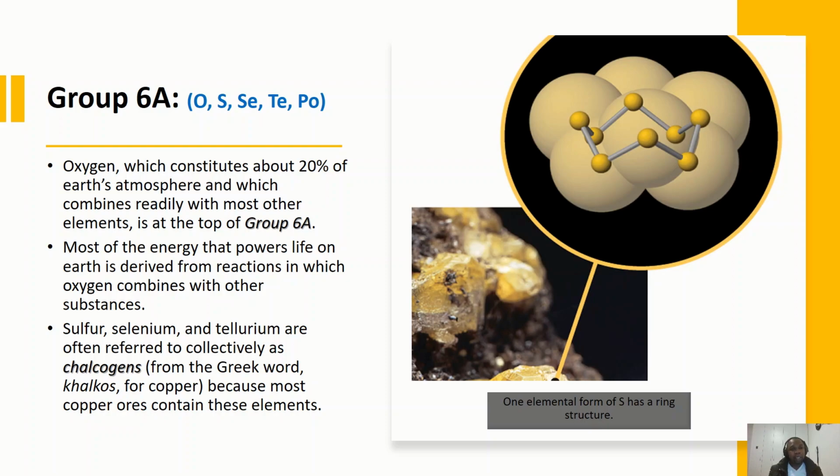For group 6A, we have oxygen, sulfur, selenium, tellurium, and polonium. Oxygen, which constitutes about 20% of Earth's atmosphere and combines readily with most other elements, is at the top of group 6A. Oxygen is very important.